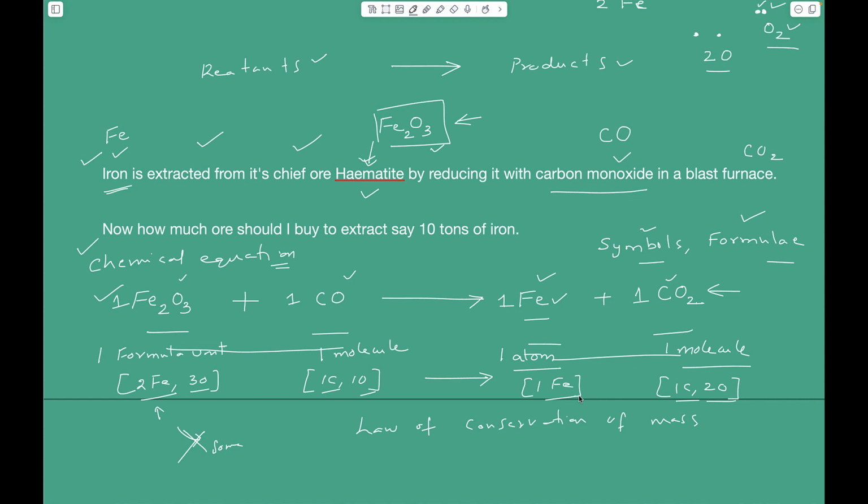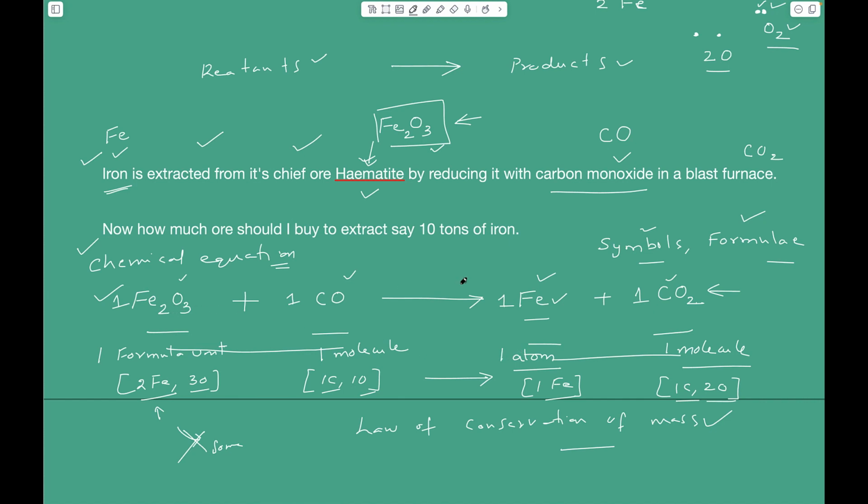Right? So, we have a problem with this equation. And that problem is, this equation violates law of conservation of mass. So we have to correct this equation so that law of conservation of mass is not violated. How do you do that?